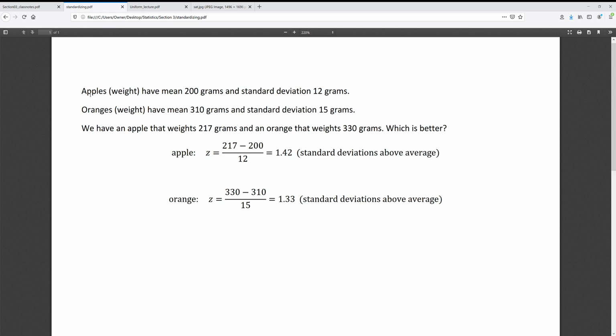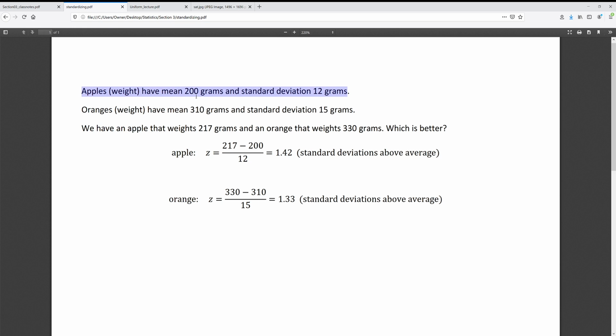Or if you had all the apples that ever were, their average would be 200 grams and their standard deviation would be 12 grams. More on the differences between actual data and things that are too much to be data a bit later, but that's the idea. If you had millions of apples, if you had all the apples that ever were, then on average they would weigh 200 grams.